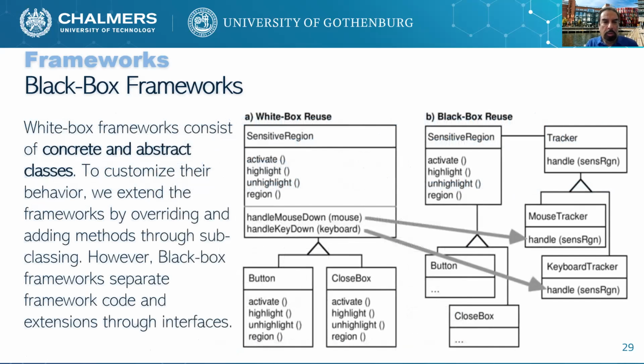To look at this in more detail, here we show you a concrete versus abstract class. Here you have a concrete class using white box. It's still reusable. You see the extensions here for the methods. As part of that, you need to know the internals of the framework to exercise extensibility. But in the situation of the black box, you use a sort of aspects to extend.